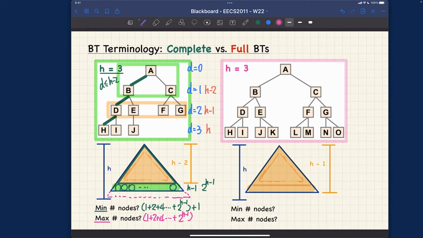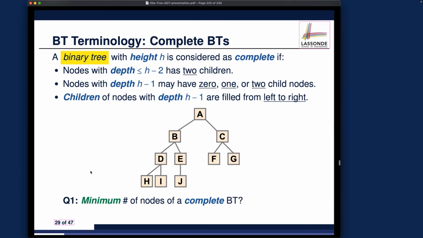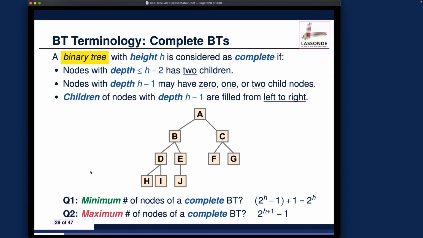In that case, it will be 2 to the power of h at the last level, so plus 2 to the power of h. If you do the math and the simplification, that's exactly the minimum and maximum you will see on the slides over here. Actually, I can do that quickly together with you.